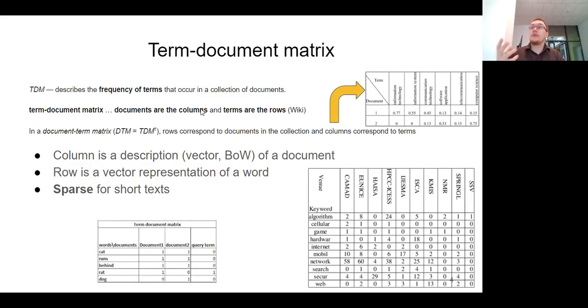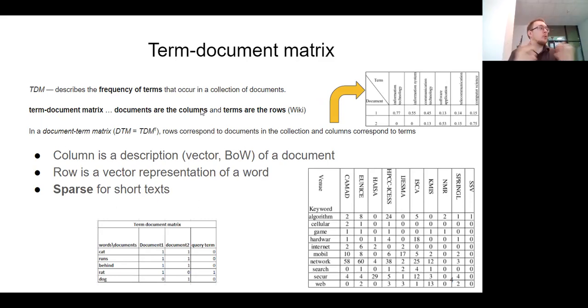Just a thing which is very important for all the future material which we'll have today. Let's speak about the thing which is called term document matrix. You remember that at the last lecture, we discussed that the text itself can be represented in the form of a bag of words. It means that we take a text, we collect all the words together, and we just store them with the frequency of their appearance, the number of times the word appeared.